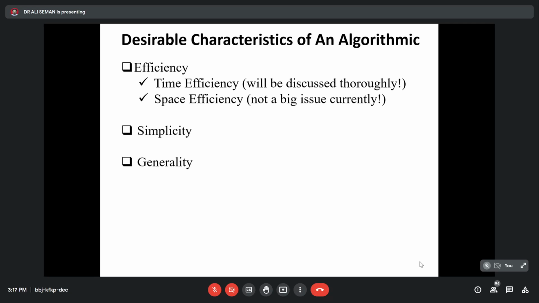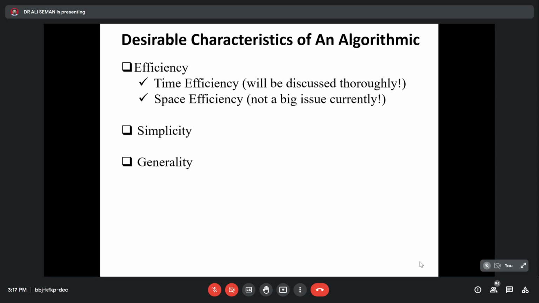Time efficiency will be discussed thoroughly in this subject, and space efficiency is not a big issue nowadays, because we have enough memory to implement our algorithm. So our main concern is time efficiency. Our syllabus covers how we do the analysis so that we can know whether the algorithm is efficient or not based on a certain benchmark, which we will later call big O, big omega, and big theta.